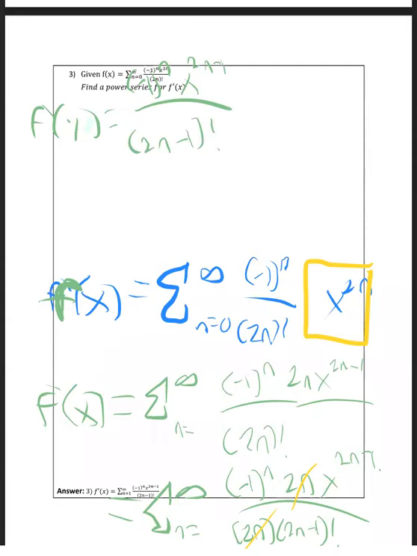You can just cross out the 2n on the top, despite the 2n being part of the x term. It's just a number in the front. It's a coefficient. It doesn't belong to the whole thing. When you're multiplying, it belongs to everyone. Since these are all being multiplied together, they're all traveling in the same pack.